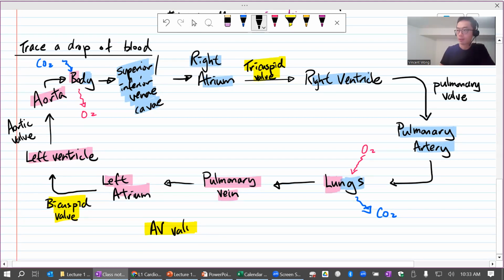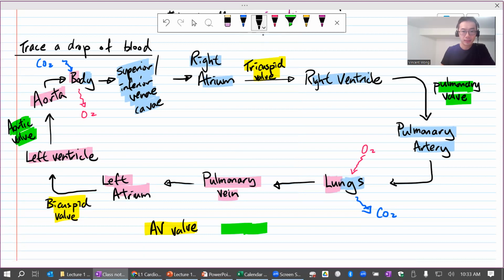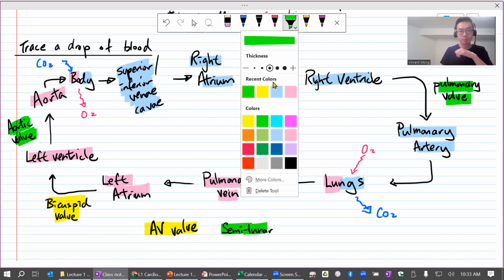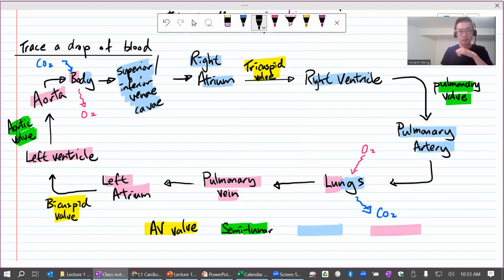We can say AV valve for short. And then these ones would be semilunar. And just to complete it, O2 poor, O2 rich. So this diagram summarizes most of the stuff that we learned so far.